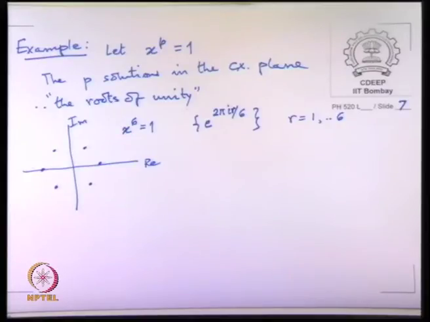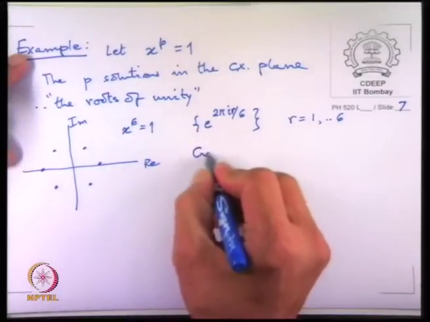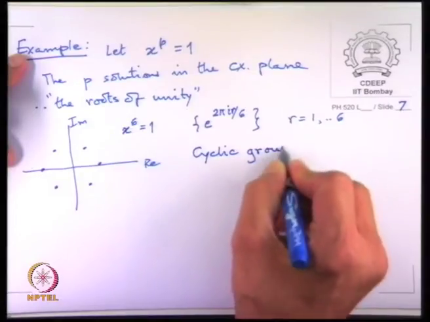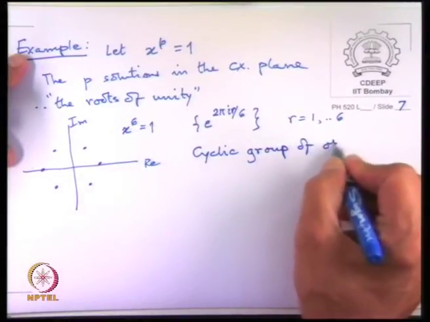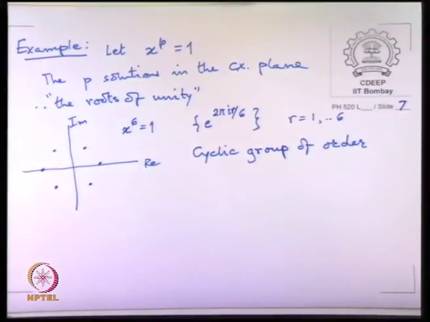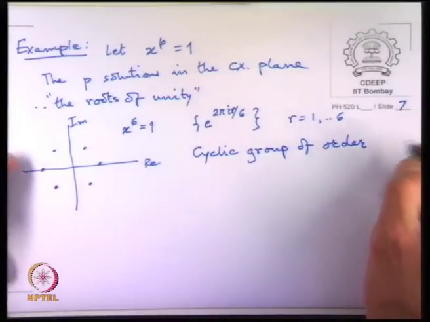It is a cyclic group of order 6 generated by e to the i pi by 3.